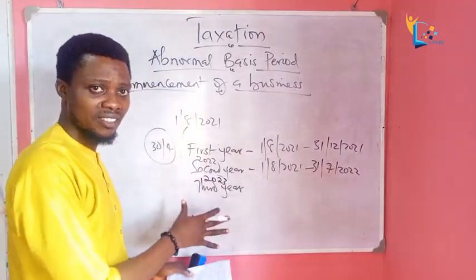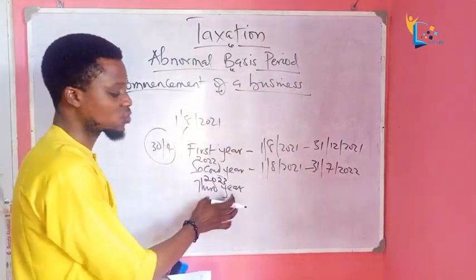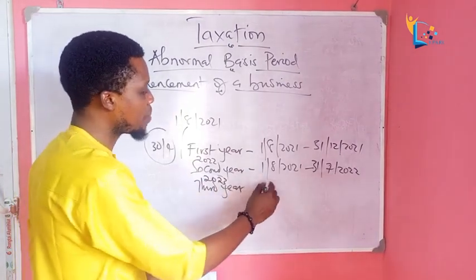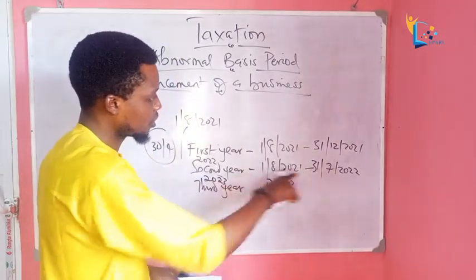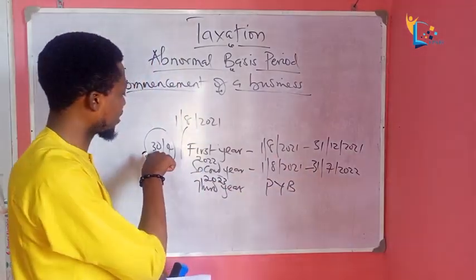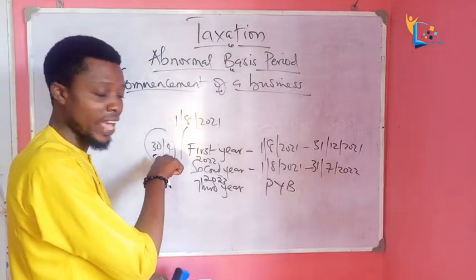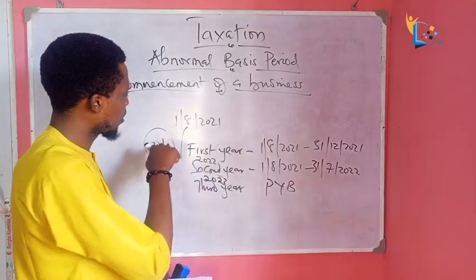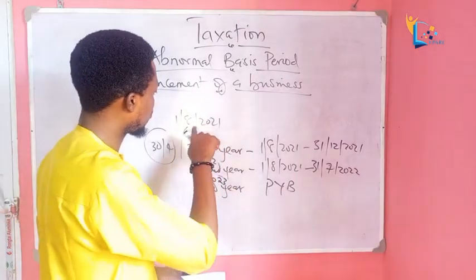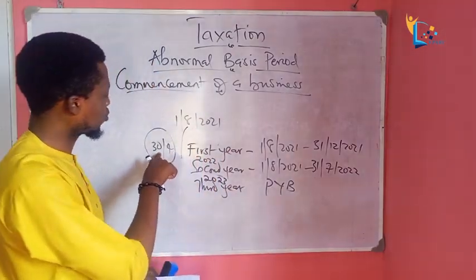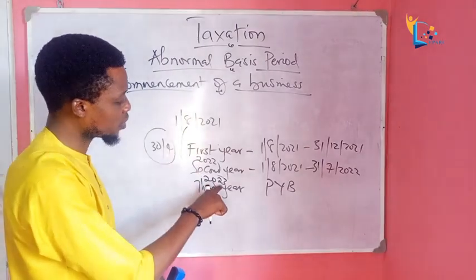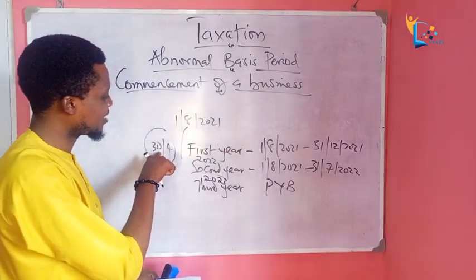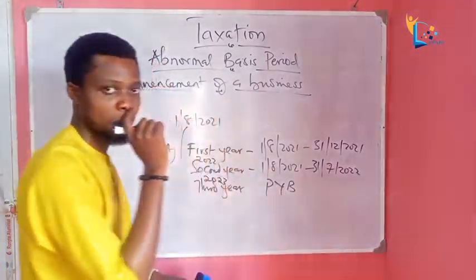I'm just giving instances for you to understand. Since the company makes up accounts 30th April every year, the preceding year basis will be 1st of May 2021 to 30th April 2022.